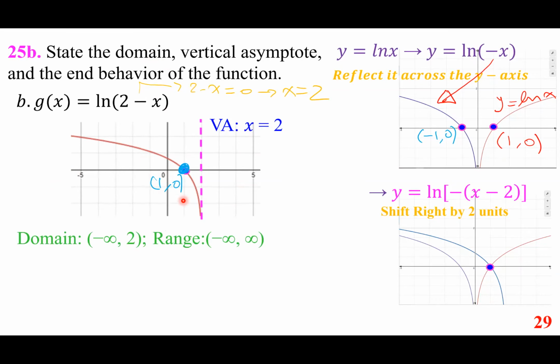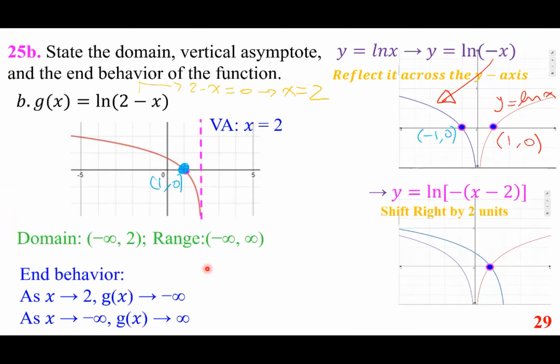What is the end behavior? As you can see, as x goes to negative infinity, as we go this way, y goes to positive infinity. But over here, as x approaches 2, this time from the left, y goes down to negative infinity.